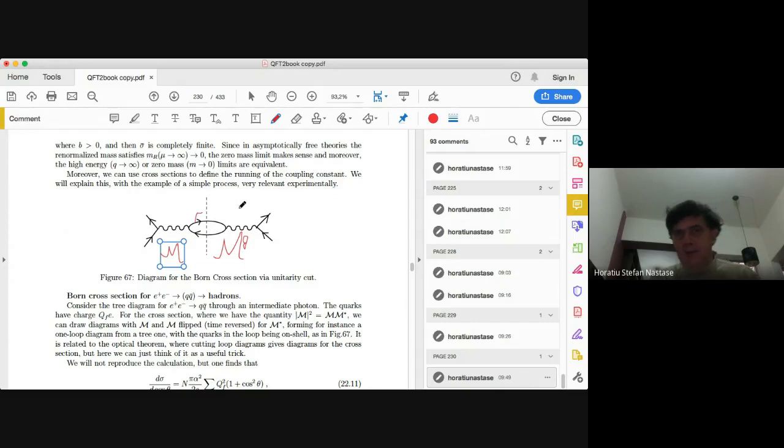Then I have M star, so there's a bra N for hadrons, electromagnetic current, and then to the right I have 0, the vacuum state in terms of hadrons.